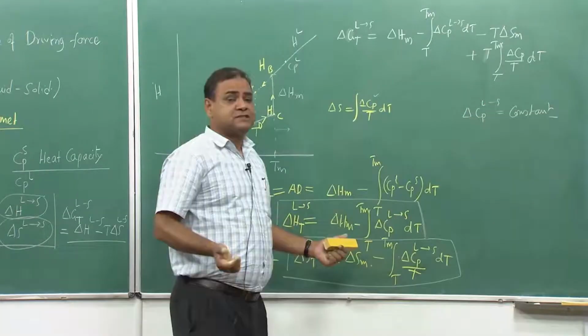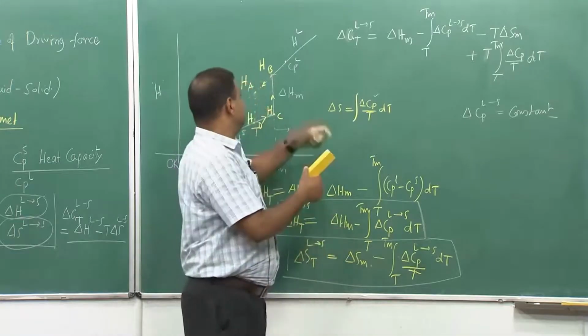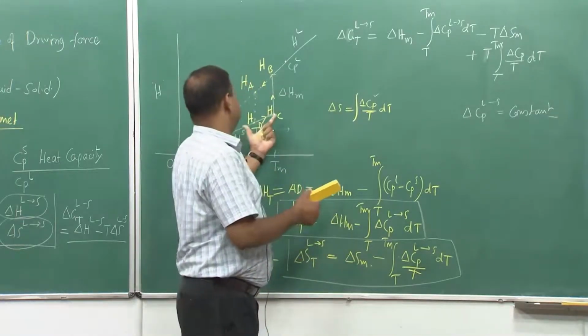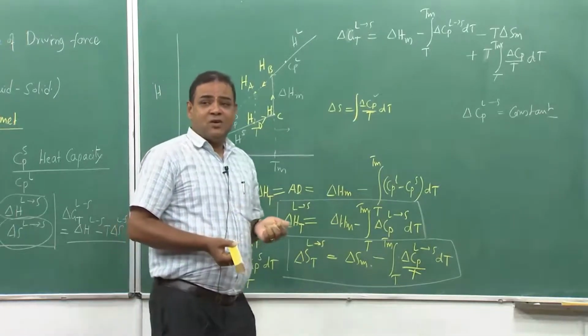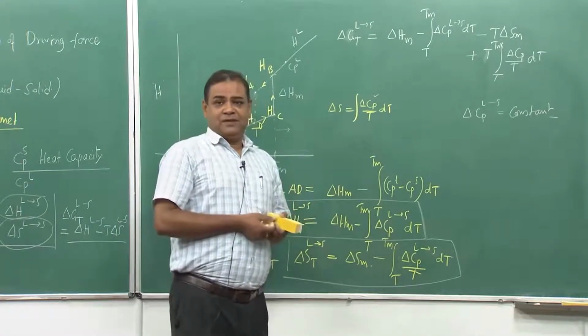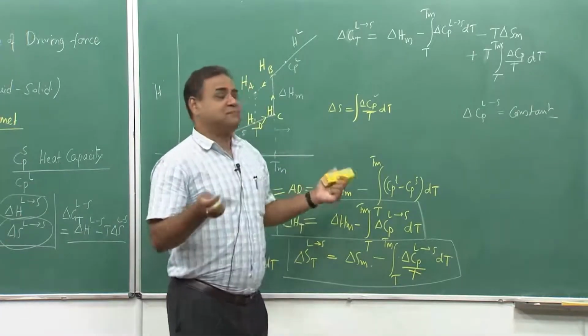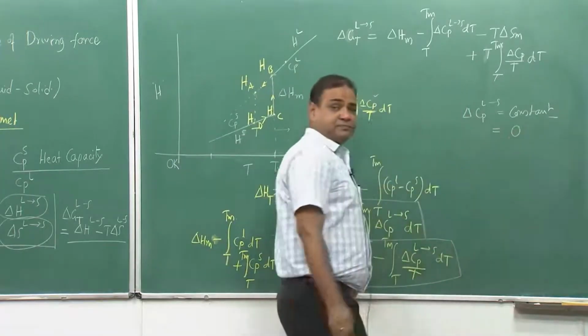Let us assume a very simplistic value to this. One assumption could be that del Cp liquid to solid is constant. Now, we take a constant value, that means it does not change over the entire temperature range below melting point.